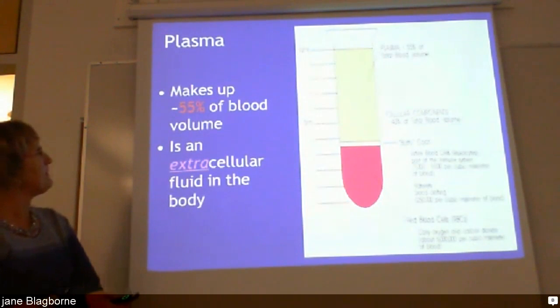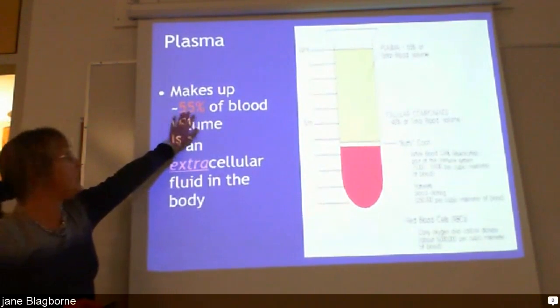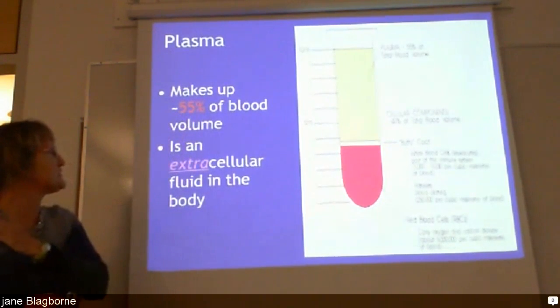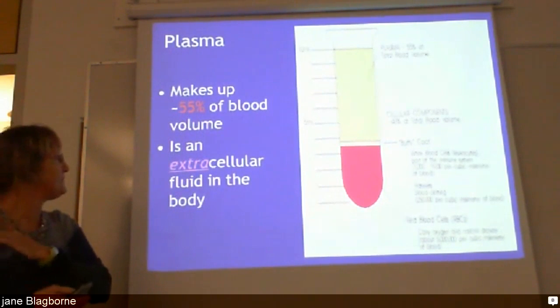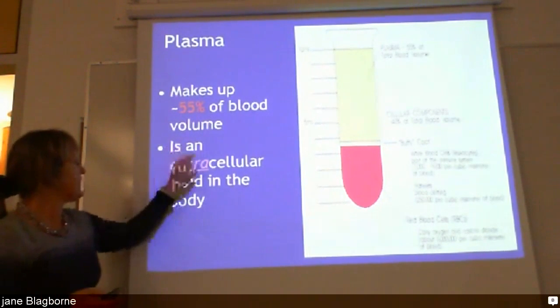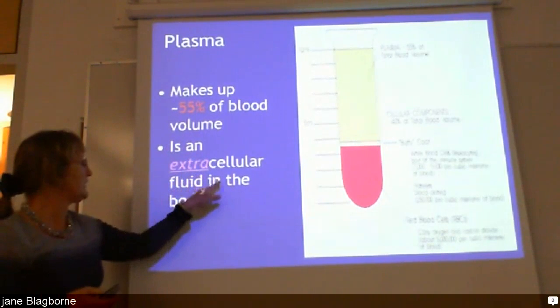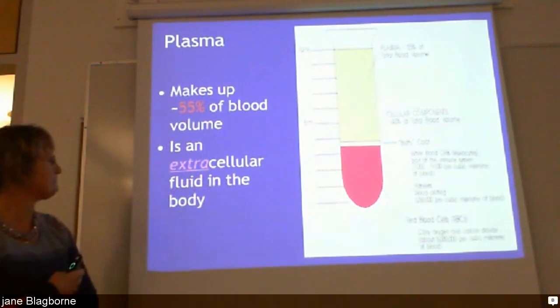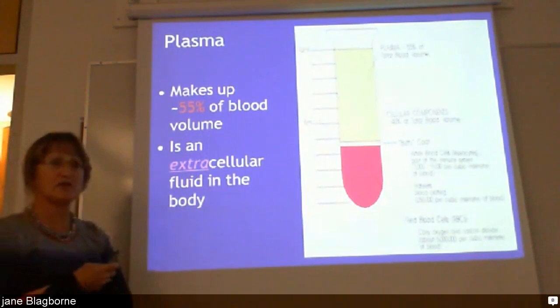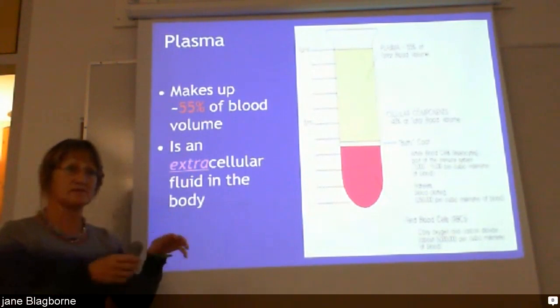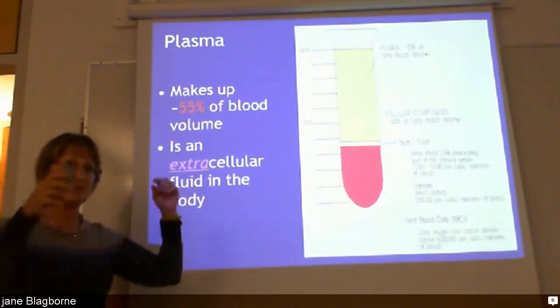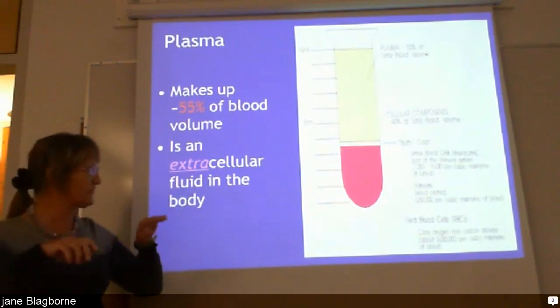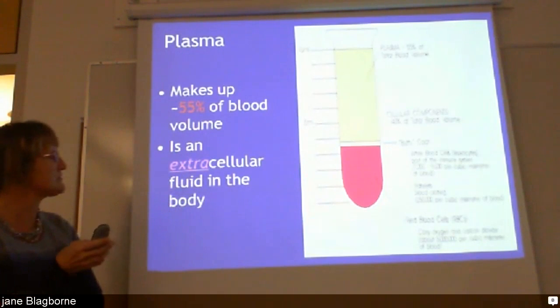Okay, plasma. Here again, I've highlighted this in red. So 55% of the blood volume is an extracellular fluid in the body. Extracellular means it's in the blood vessel, it's floating around, and doesn't go into the cells. So that's what they meant by extracellular.